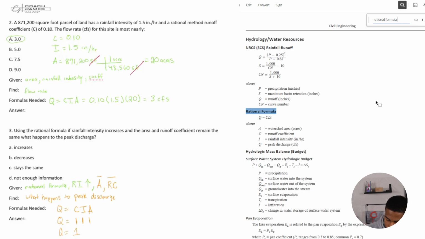Our rainfall intensity increases, so I'm going to say it goes to 2, times 2. And then my area is still 1.